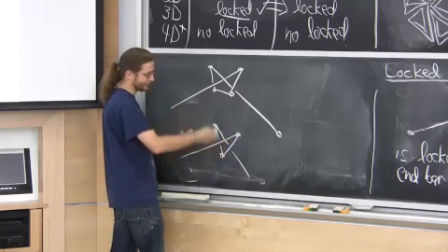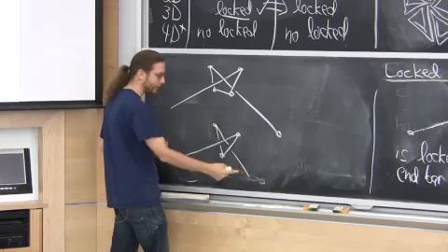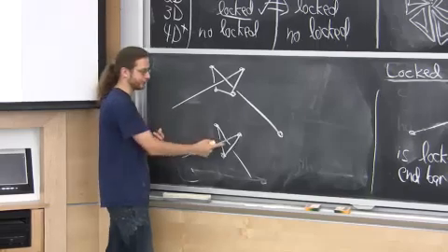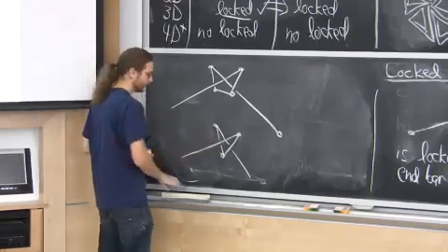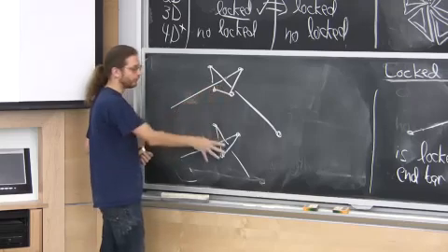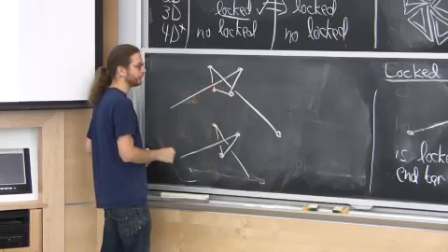And then you can't get this weaving pattern. This guy's going to be either above or below the plane, and this guy's going to be above or below the plane. And in all cases, you don't get this weaving. So you really need the five. This is the minimum. You can prove all four-bar 3D chains do not lock. But with five, you can do it.